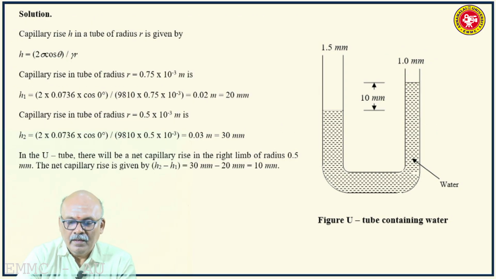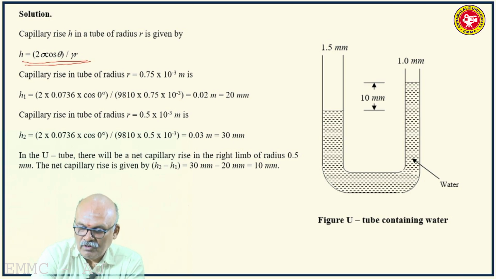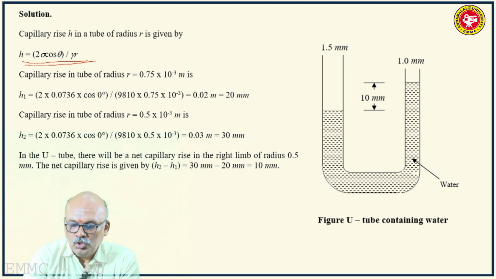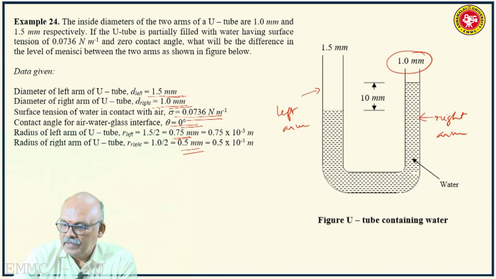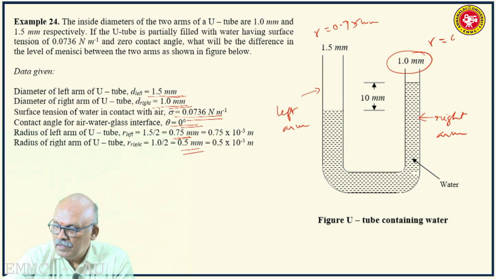Then capillary rise h in a tube of radius r is given by the usual formula for capillarity, 2 sigma cos theta by gamma r. So, capillary rise in a tube of radius r, here the radius is 0.75 millimeter, here the radius is 0.5 millimeter.